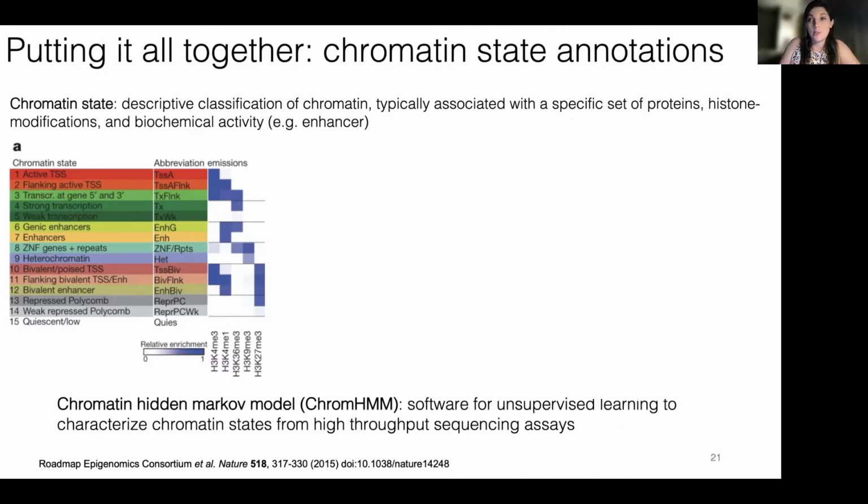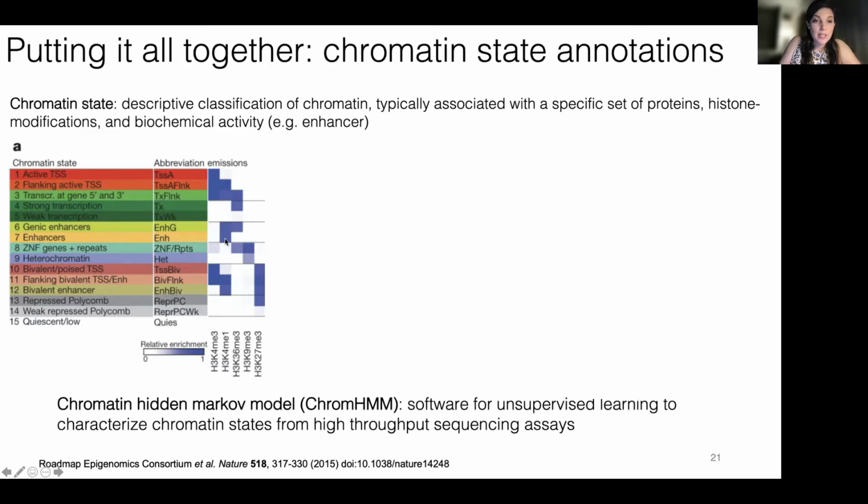characteristics that they had. Similar to what I just showed you, this bivalent poised transcription start site has H3K4 trimethylation. There are a couple of different transcription states. They vary a little bit. There's an active transcription start site that has this H3K4 trimethylation.